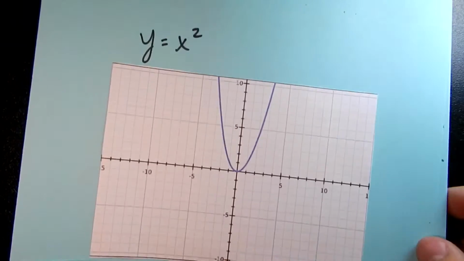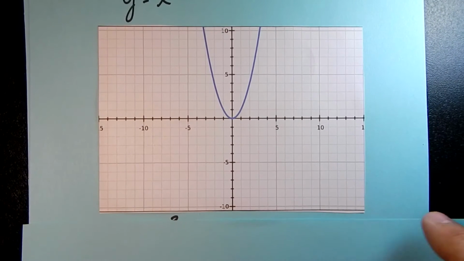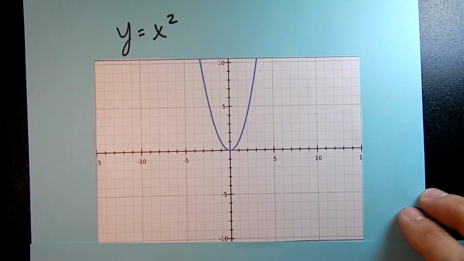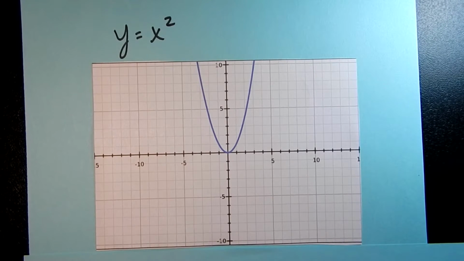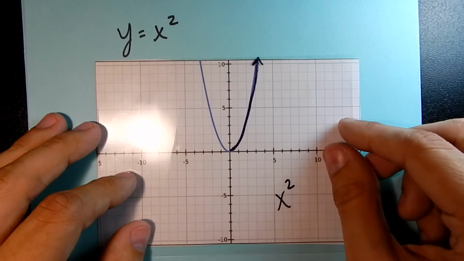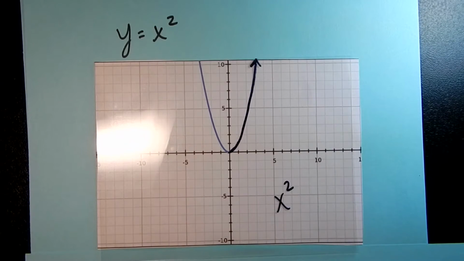So the first example we're going to look at, we've actually already spoken about, is y equals x squared. So with our graphing method, I'm going to kind of overlay this, we're going to do some visualization.